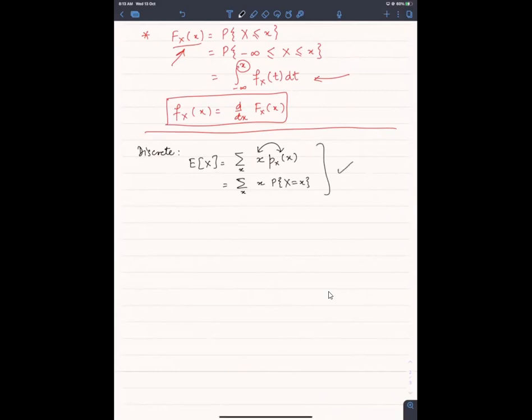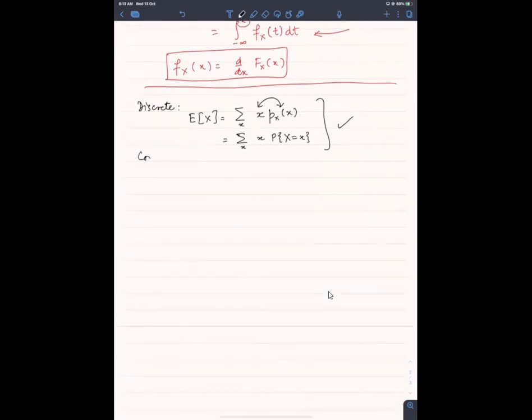Okay. By the same token, for the continuous case, and there's some probability justification for this as well in the notes, but I'm just going to write this down. Just like it's the summation of values multiplied by the corresponding probabilities, the expected value for the continuous case is also the value multiplied by the corresponding probability.